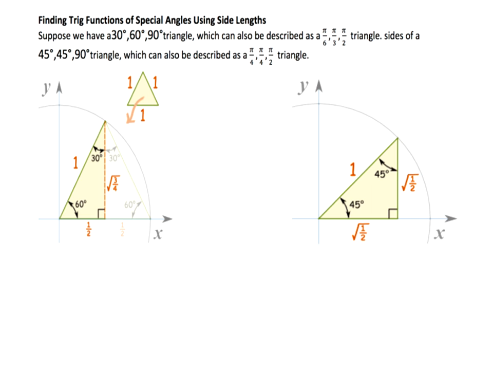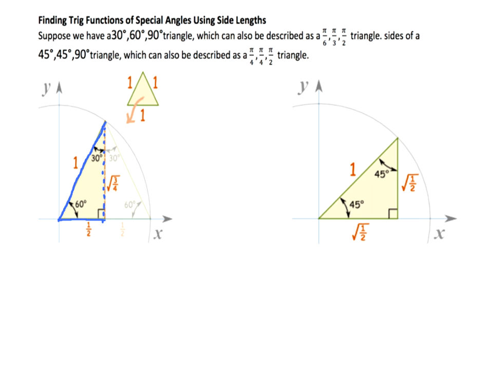Now, we know that if we have a hypotenuse of 1 here, and we force this to be a 60-degree angle, and we drop our plumb line down from that point on the circle, creating the right angle, this is half of an equilateral triangle.